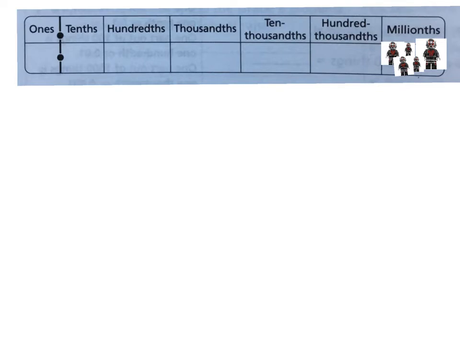So let's say there's 5 Ant-Mans in the millions place. Let's count them. 1, 2, 3, 4, 5. How many more Ant-Mans do we need to get to the 100,000s? Well, if we added 5 more Ant-Mans, it would be 10 millionths or 100 thousandths. Let's show you.